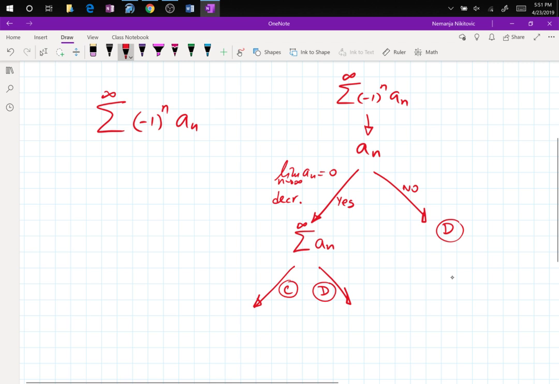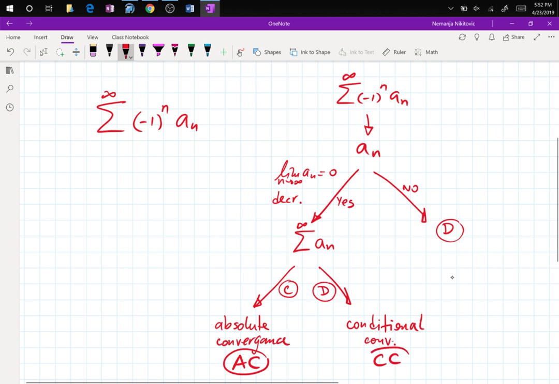If it converges, we reach something that we call absolute convergence, and we denote that with AC. And if it diverges, it goes into conditional convergence, which is CC.